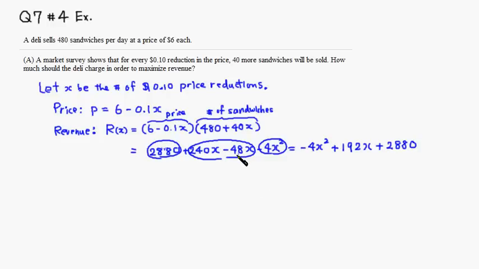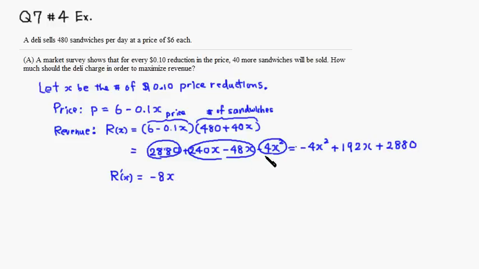So we're going to take the derivative so that we can find the critical number. Take the derivative of this revenue function. The derivative of negative 4x squared would be, put 2 in front, so negative 4 times 2 would be negative 8x.